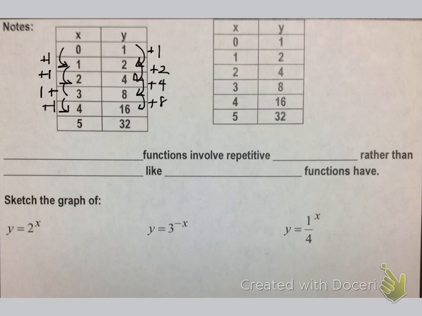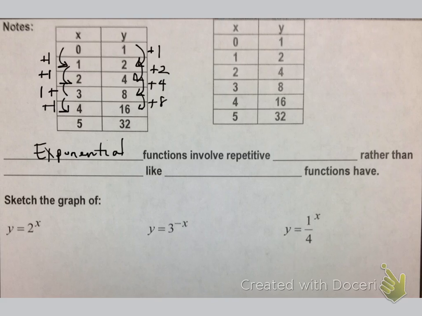Now, in any case, exponential functions, that's what goes in the blank here, involve repetitive multiplication rather than addition.